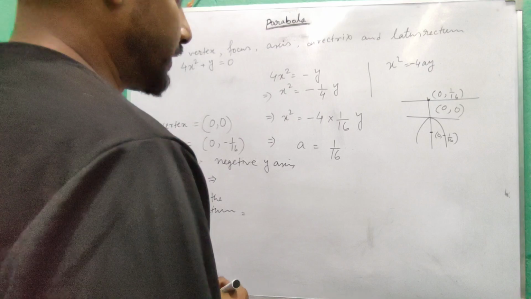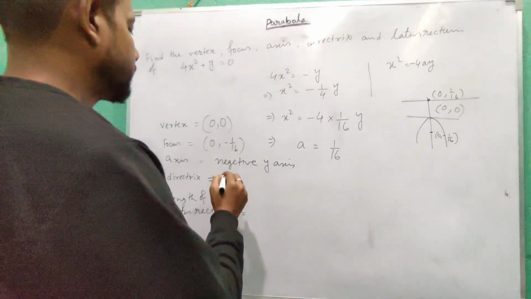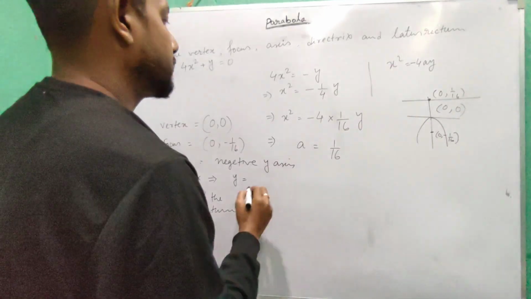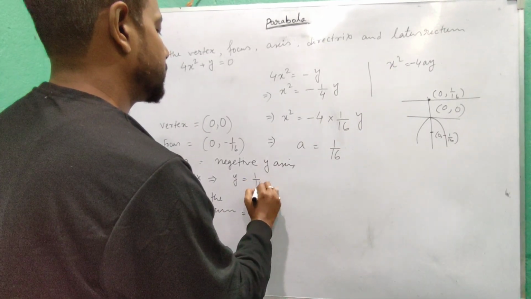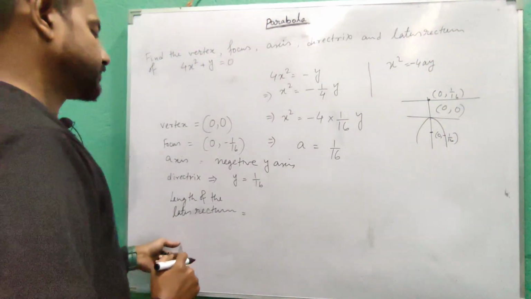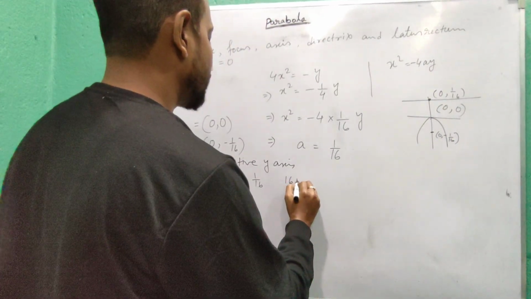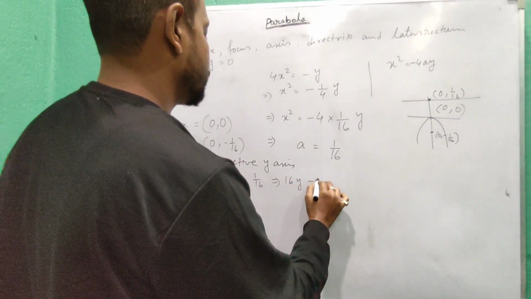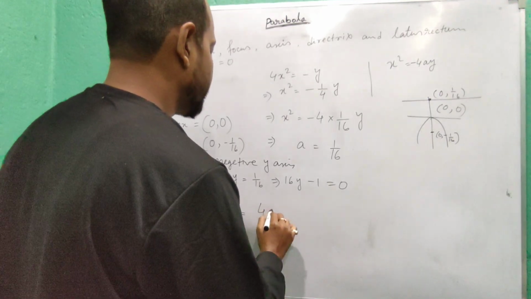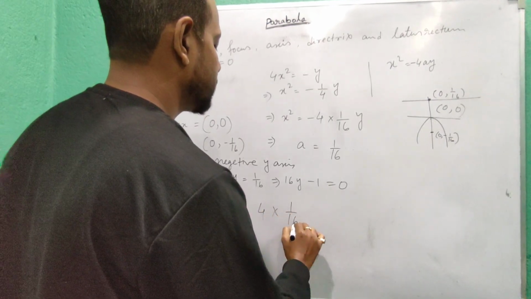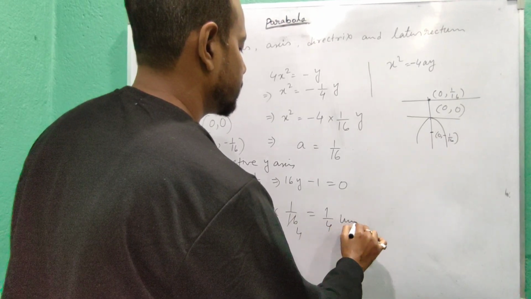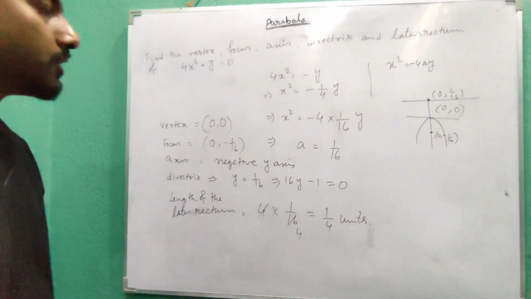So the directrix will be y equal to 1 by 16, that is 16y minus 1 equal to 0, and the length of the latus rectum will be 4a, that means 4 into 1 by 16, that is 1 by 4 units. These are the answers of this question.